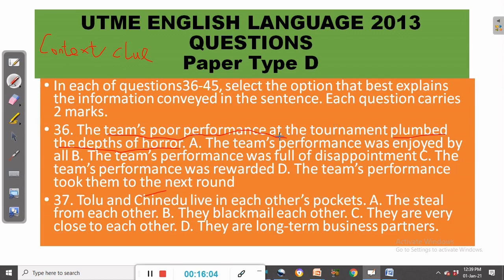The team's poor performance, which of course you know, a team had participated in a tournament and they performed poorly. Now, you already have that piece of information, and that helps you, even though you don't know what it means that they plumbed the depths of horror.